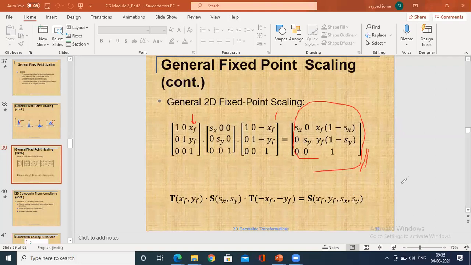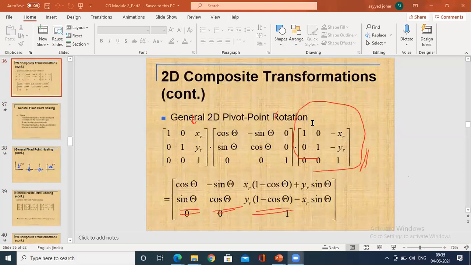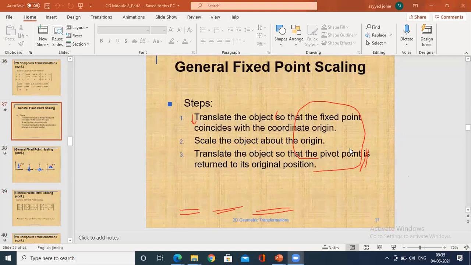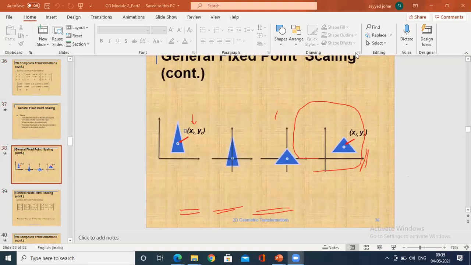This is too important. So translation along x-axis, y-axis, scaling along x-axis, y-axis, translation back along x-axis, y-axis. Similarly, here also we have not written it. You have to write it. Translation along x-axis, y-axis, rotation, translation along the x-axis, y-axis.